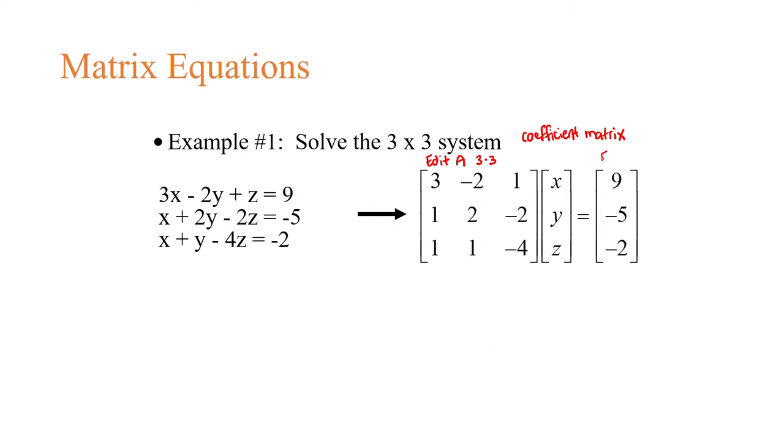Also edit matrix B, count your rows and your columns. So this would be a 3 times 1 matrix. So spend some time and type this in, because you're going to need practice before you start doing this on your homework.